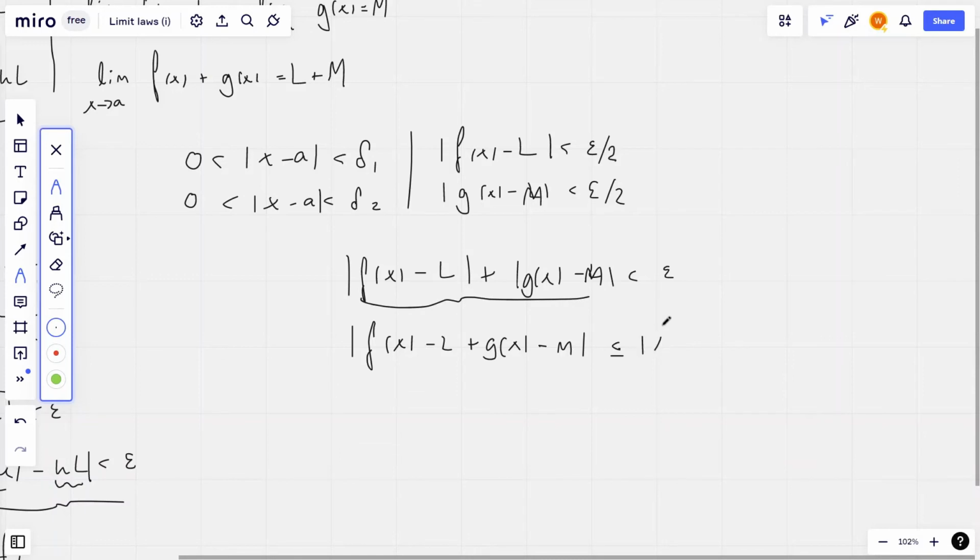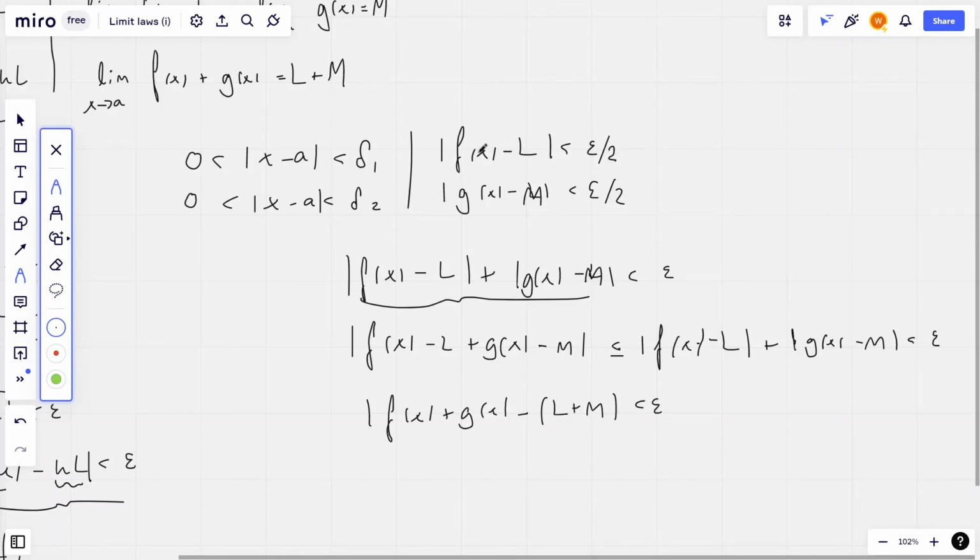So we have |f(x) - L| + |g(x) - m|, which is less than epsilon. So this is even smaller than this for any given epsilon. So we can still say that we have |f(x) + g(x) - L - m|, so minus L plus m, being less than epsilon.